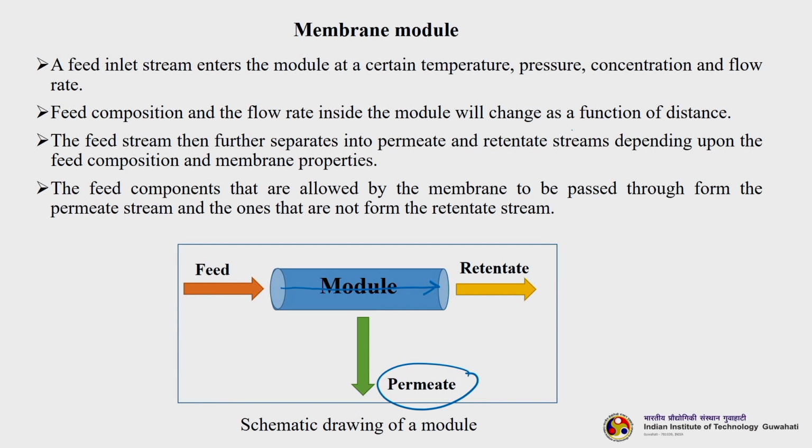The feed components that the membrane allows to pass through form the permeate stream, and the ones that do not form the retentate stream. This is what we understood earlier also. Whatever is rejected by the membrane, or retained on its surface, forms the retentate. Whatever passes through the membrane is the permeate.